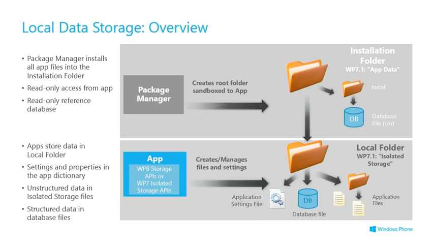This used to be known as the app data folder on Phone 7. All the content, read-only things that are part of your app and were pre-configured, you could send the database down and things like that. And secondly, there's the local folder. This is where you can do some read-write stuff, and this is formerly known as isolated storage.